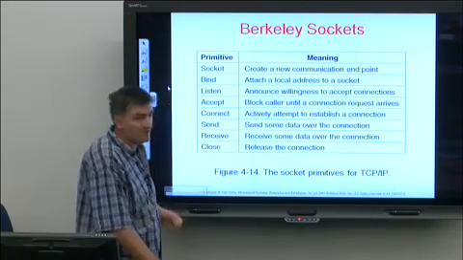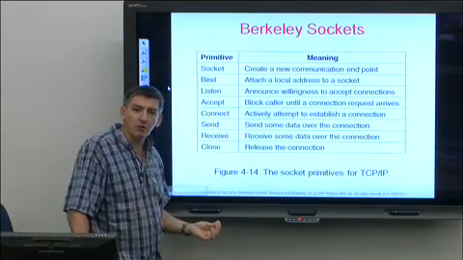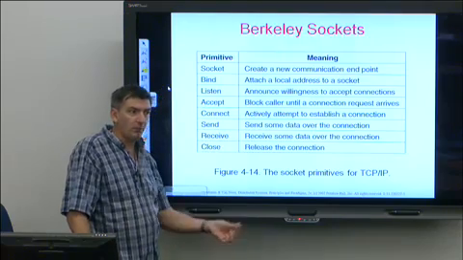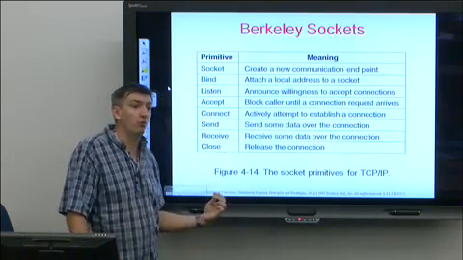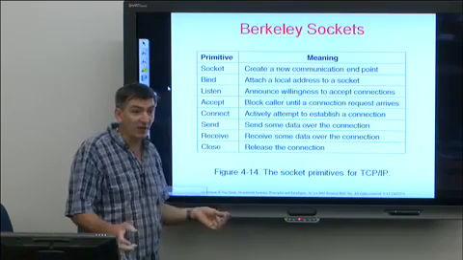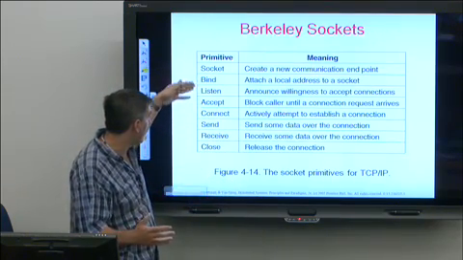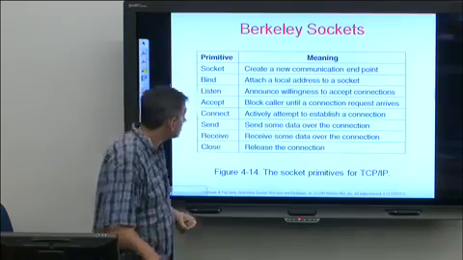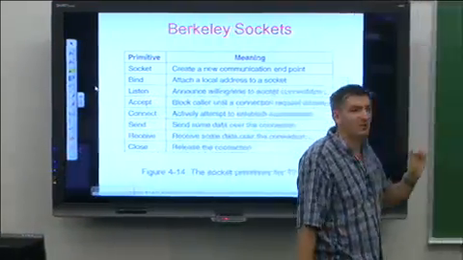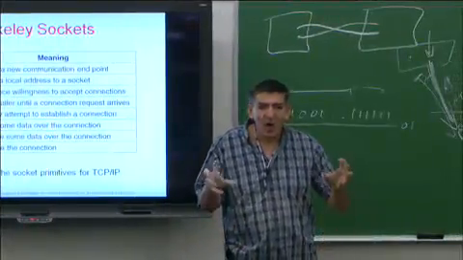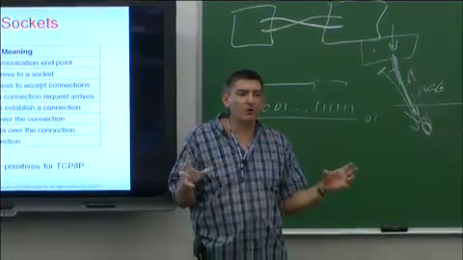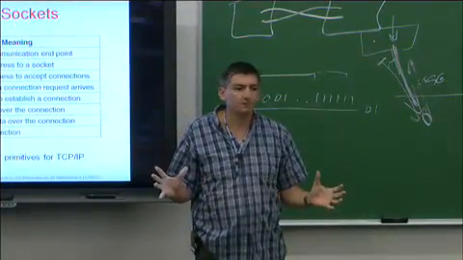Now, bind, listen, and accept are tricky. And you need to know about them for those situations when things don't work well. If everything works well, it's fantastic. When they don't work well, you could have a problem with one of the bind, listen, accepts. So bind is the process of saying, I am the sole owner of this port for receiving.